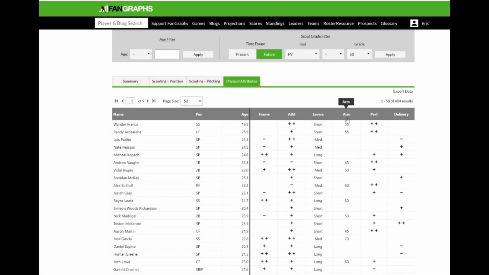And I also think that arm strength evaluation would benefit from a reductionist type approach where the max effort, really step into it type of arm strength is separated from more or less arm utility. Can you make all these crazy throws that really good big league infielders have to be able to make?